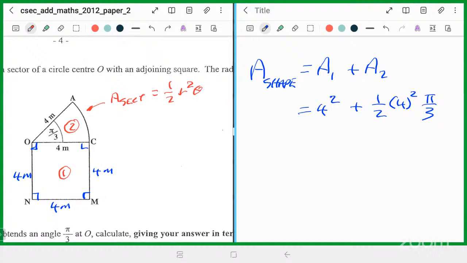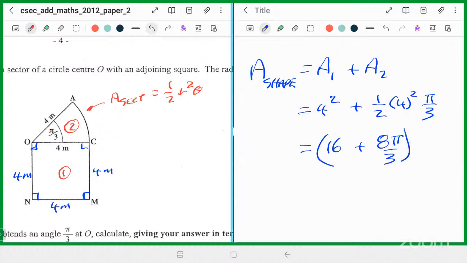I believe the answer is in terms of pi. So this is 16 plus, half of 16 is 8. It becomes 8 pi over 3. That is meters squared.